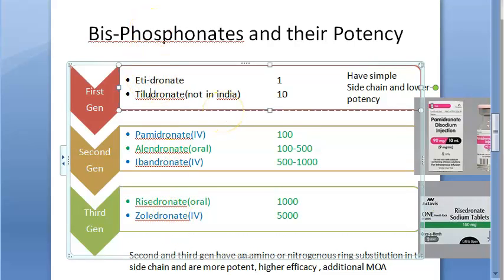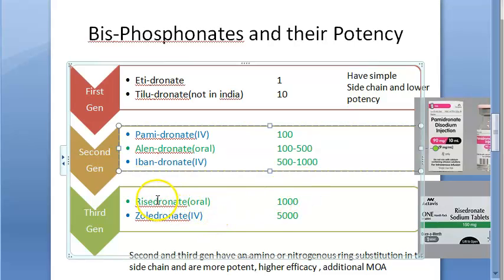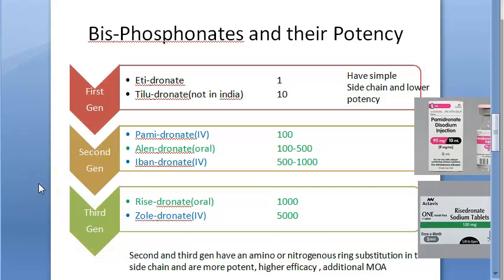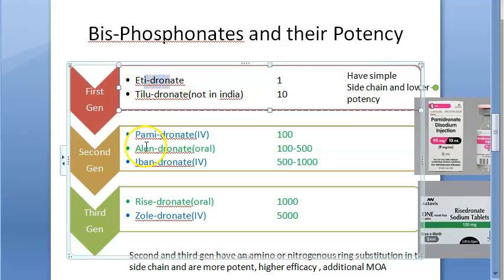So etidronate, tiludronate, which is not marketed in India, pamidronate, alendronate, ibandronate, risedronate, zoledronate. Wow, all are dronates. Bisphosphonates are dronates. You know the drone that you fly? All of them are bisphosphonates. Etidronate, pamidronate, alendronate, ibandronate, risedronate and zoledronate.